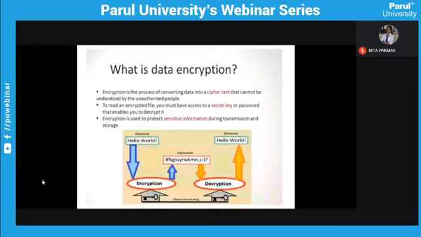That is an example of ciphertext, where no one can understand what information is being said. In our encryption field, it is known as ciphertext.